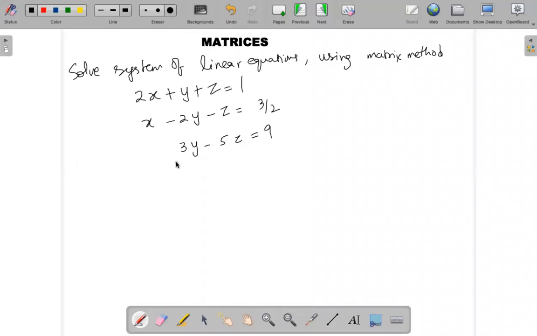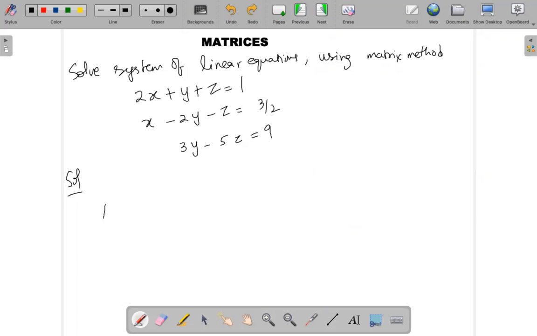Let us solve the system of linear equations by using the matrix method. Again, let's find what A is here.